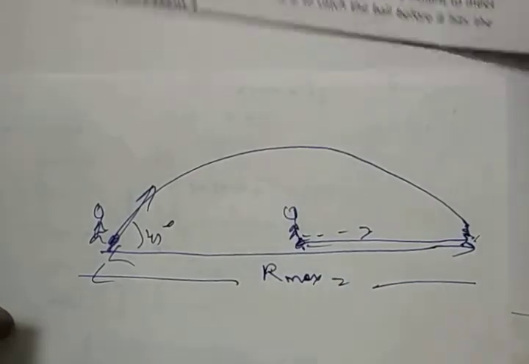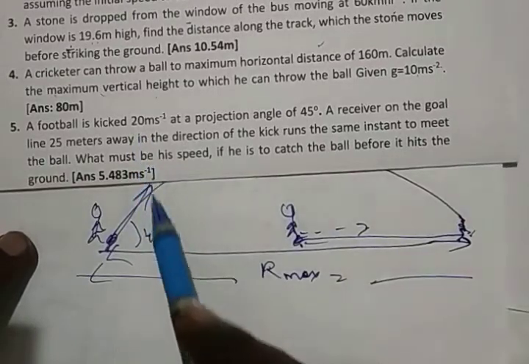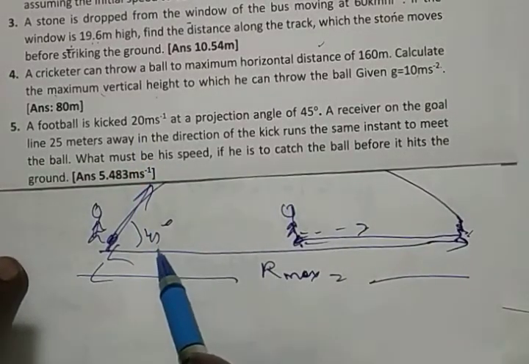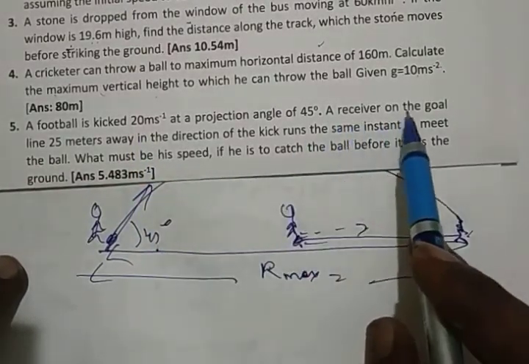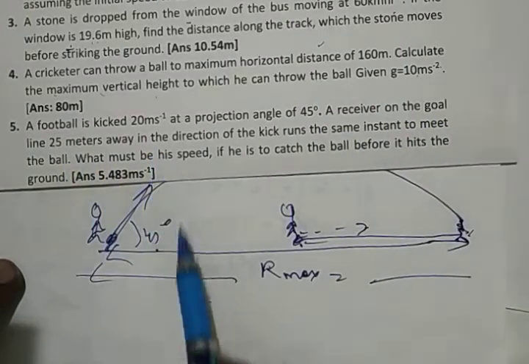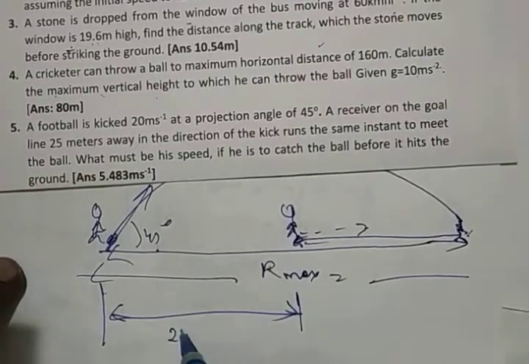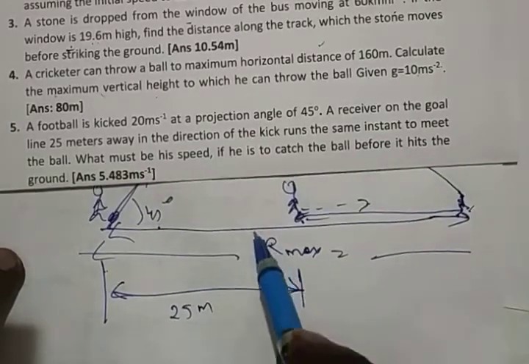That's what the question says: 20 meters per second, 45 degrees, and a receiver on the goal line 25 meters away in the direction from here to here. This guy is 25 meters away. So first of all, find R max.